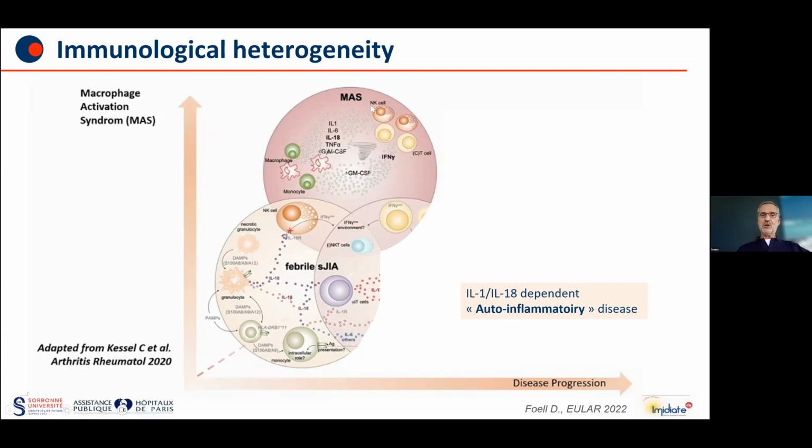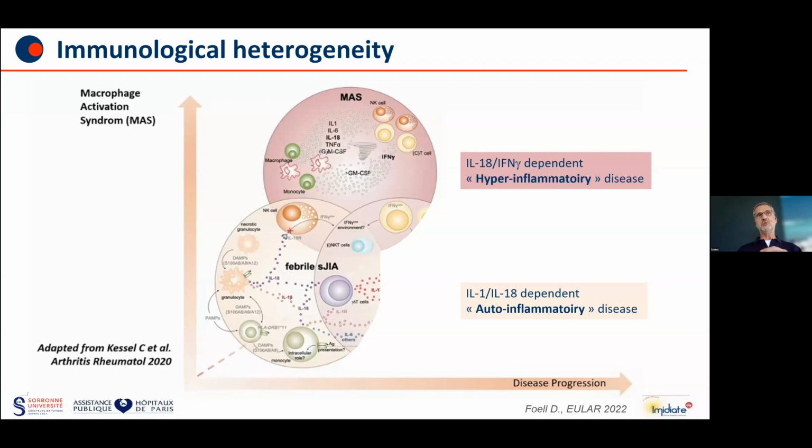In some patients, there is development of macrophage activation syndrome, perhaps also lung disease, perhaps also other organ involvement. And for these patients, we have this notion of hyperinflammatory disease, which means that you have the involvement of the innate immunity and also of the adaptive immunity.